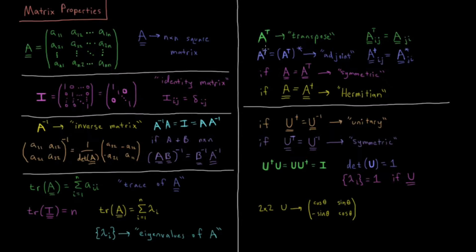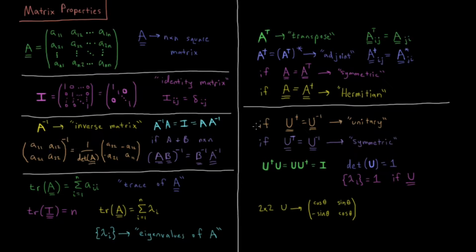This cross-like symbol here, or a dagger, or whatever you prefer to call it, is equal to the transpose complex conjugate. So for the adjoint of a matrix, its elements are the transpose taken to their complex conjugate. If I take the adjoint of A, a21 becomes a12 star, a2n star, a22 star, and so on.